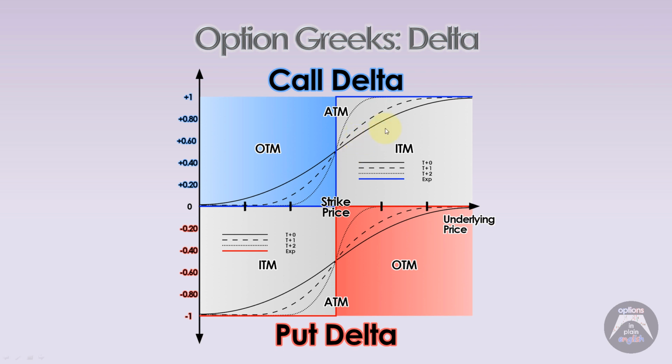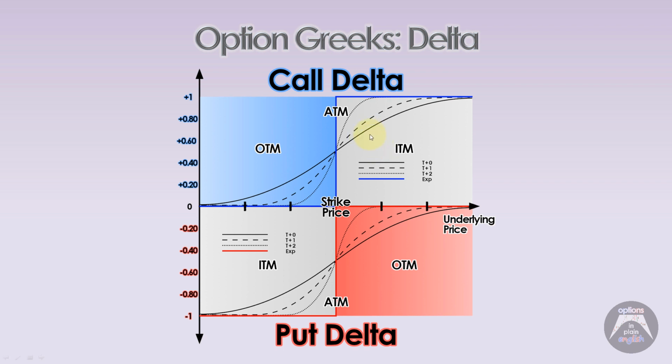In the same example, if there's an underlying trading at $100 and it goes to $90, and you had a delta of 0.60, then since it went down by $10, your option price is going to go down by $6, which is 0.6 times the $10 that the underlying price moved.